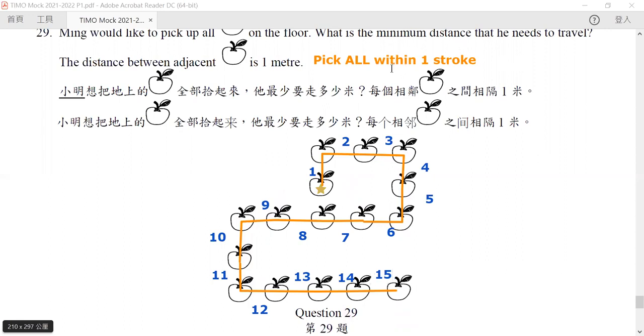So we know that the minimum distance will be equal to 15 meters. Okay, so this is our question 29.